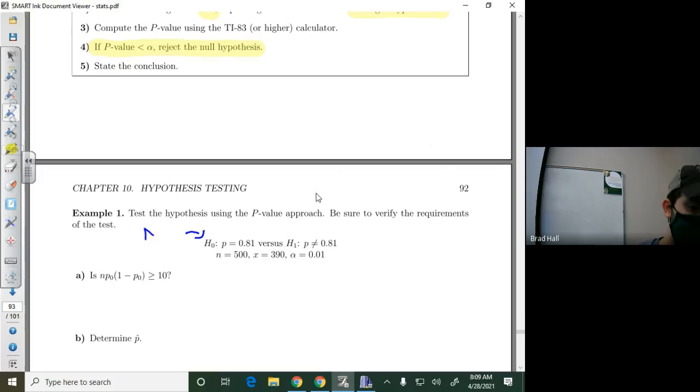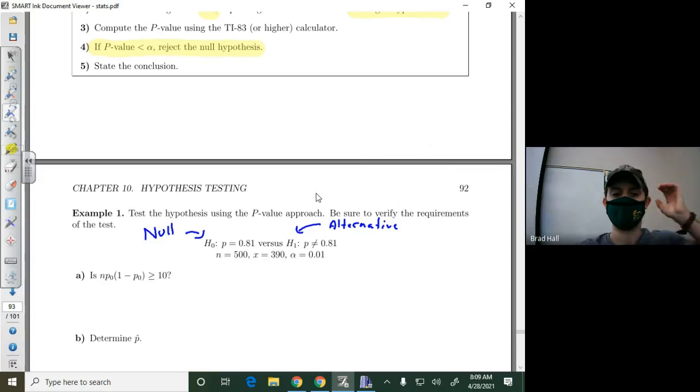H0 is the null. H1 is the alternative. The null hypothesis is what's assumed to be true, as we talked about last time in class. The alternative is some, well, alternate idea.